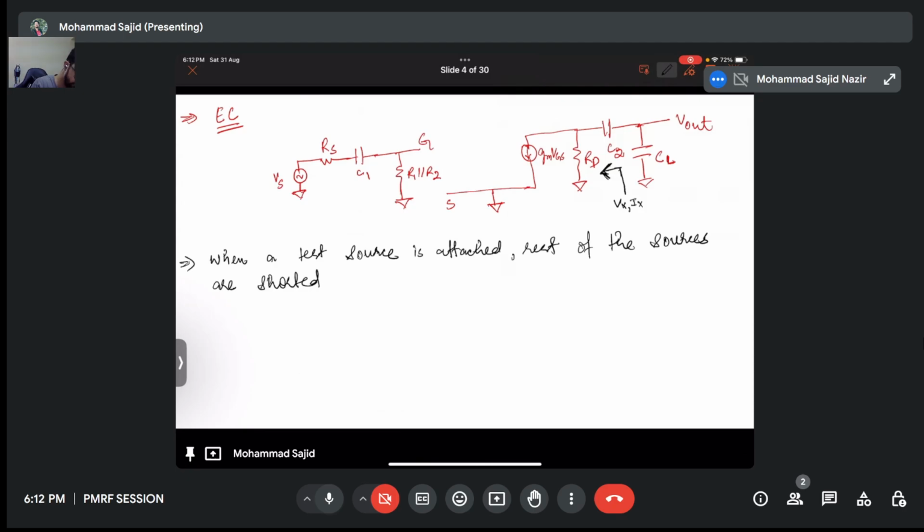We need to short the input sources. So my equivalent circuit becomes, and also shorting.